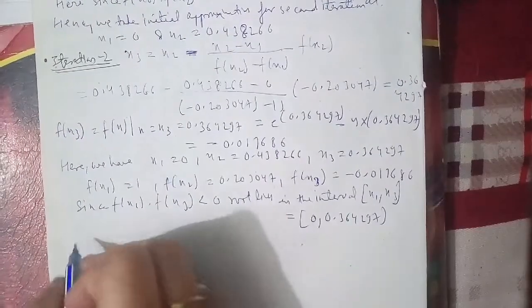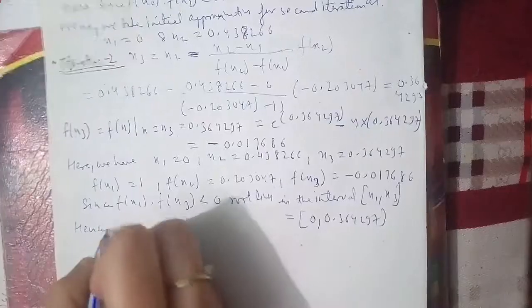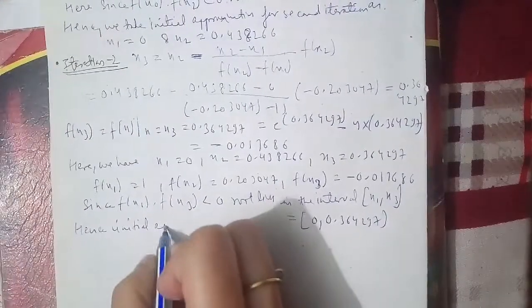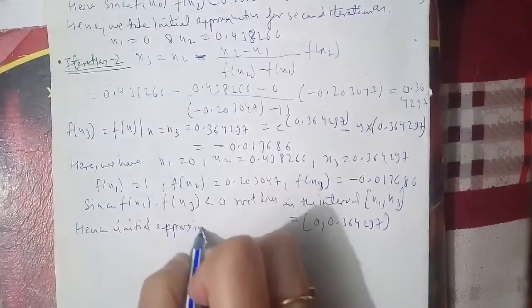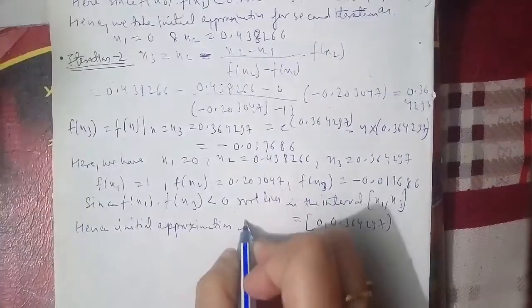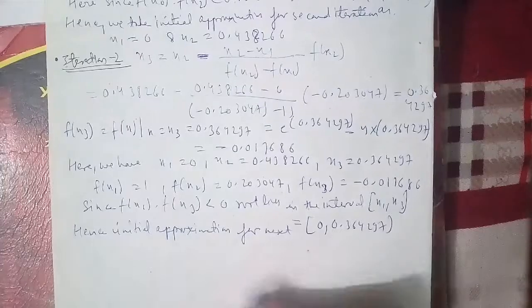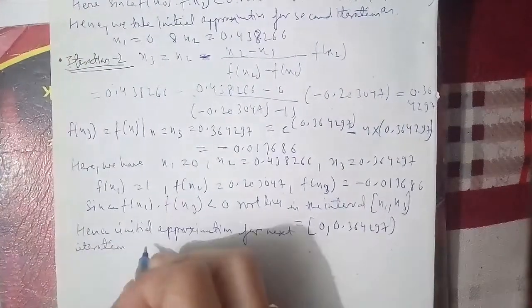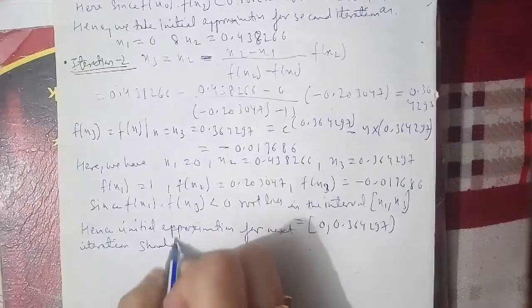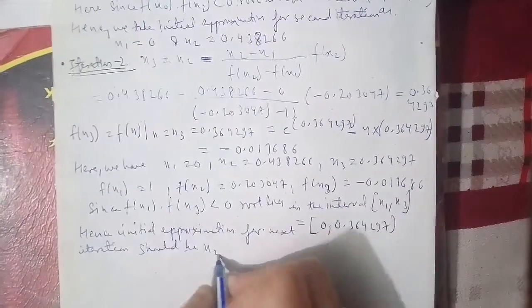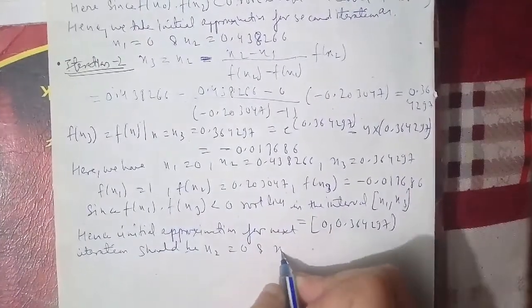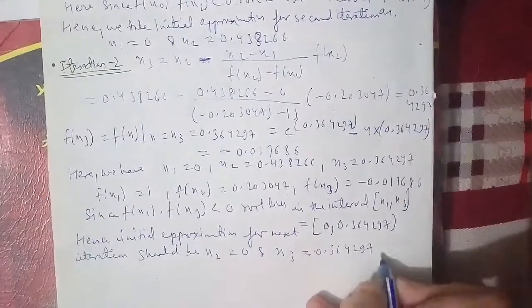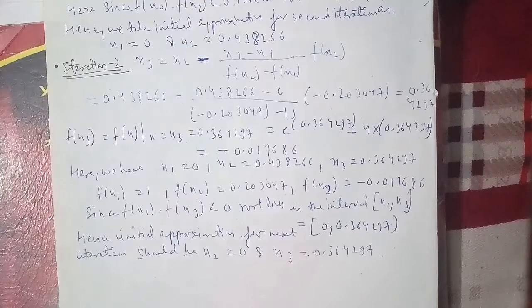Hence the initial approximation for the next iteration should be x2 = 0 and x3 = 0.364297. Now we talk about iteration 3.